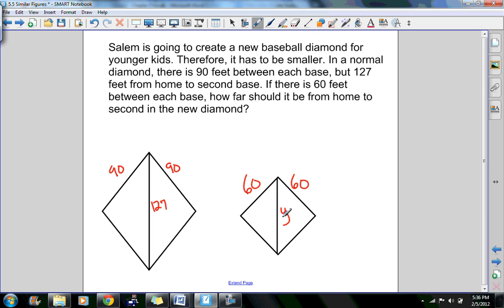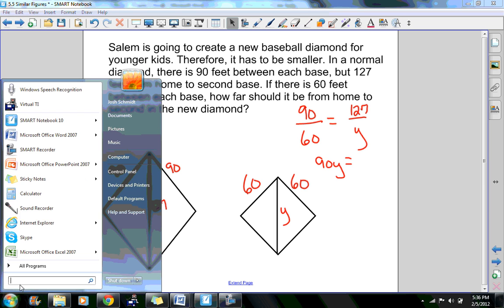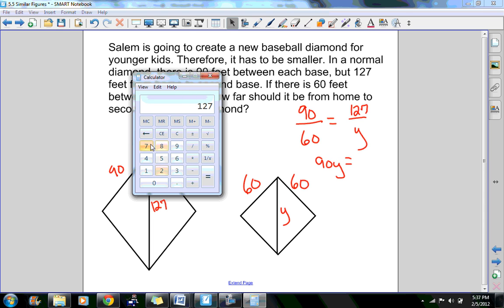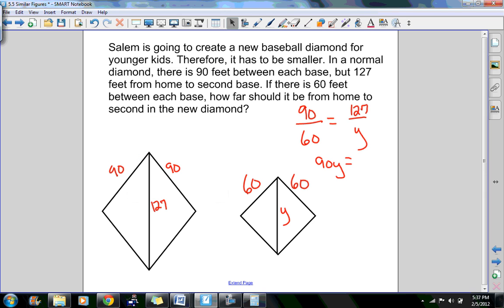So just like I did before, I can create a proportion. So I'm going to say 90 over 60, because these are corresponding sides, 90 over 60, and that's going to be equal to the 127 over my Y. So then I multiply through and I get 90Y is equal to 60 times 127, which I have no idea what that is off the top of my head. 127 times 60. 7,620.